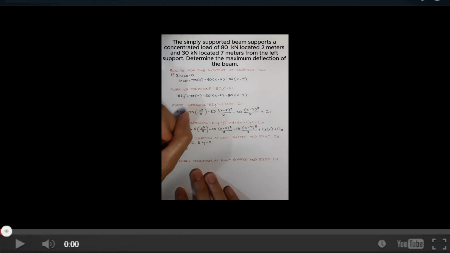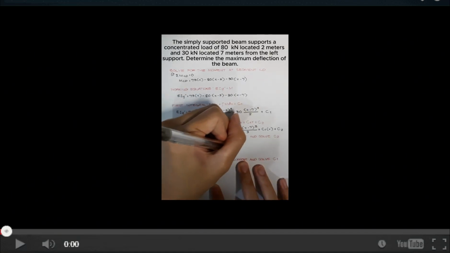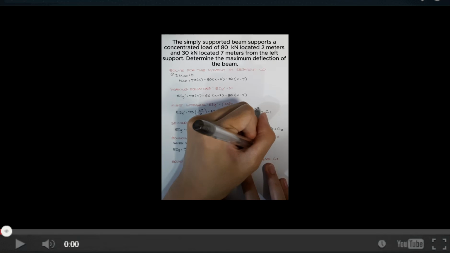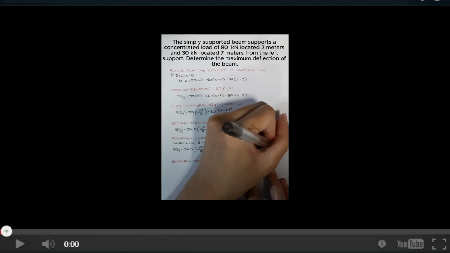So, sabi ko nga, i-rewrite natin lahat. 36.5, then substitute lahat ng x into 0. 0 cubed over 3 minus 40, 0 minus 2, minus 15, 0 minus 7, plus c1, x is 0, plus c2.